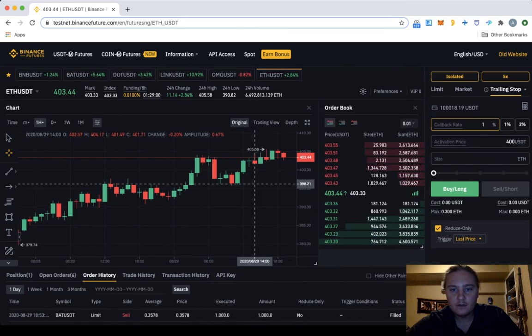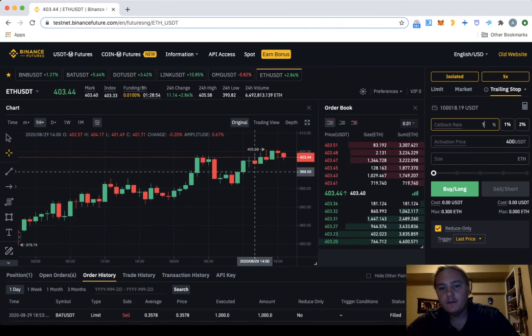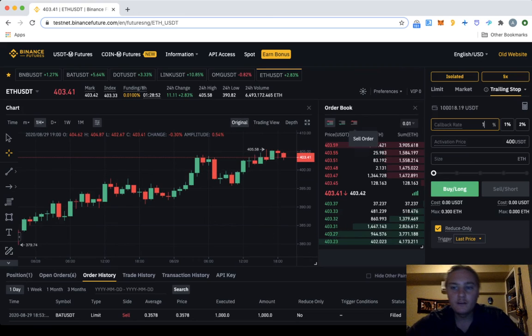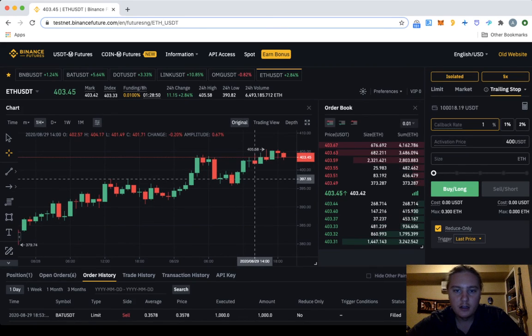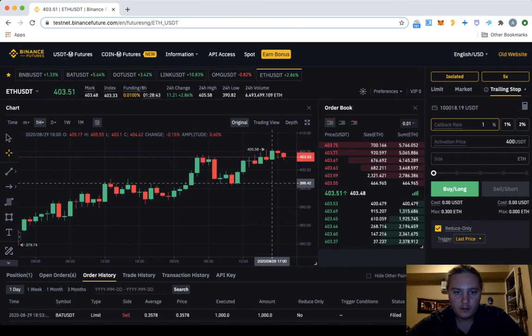What this means is, if at 400 it becomes a live trade, it's going to wait. It's not going to fill until that climbs back up by whatever my callback rate is. In this case, 1%, so 4. So this will fill at 404 essentially. It'll come down to 400 and fill when it comes back up to 404.